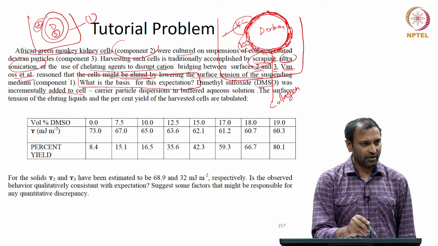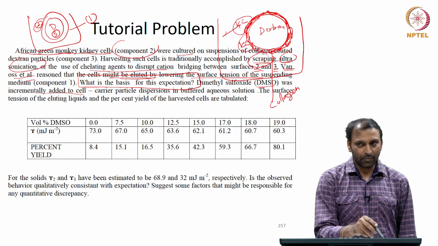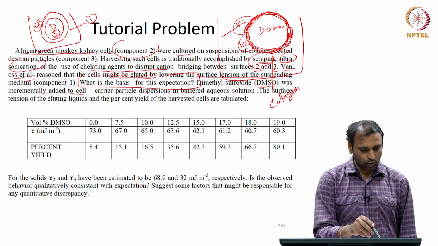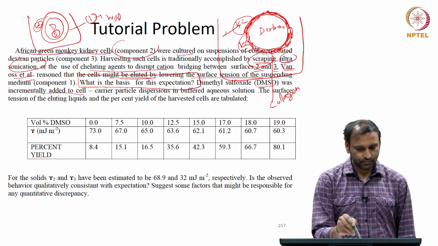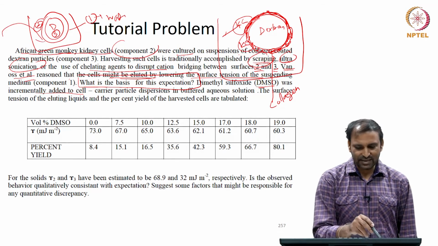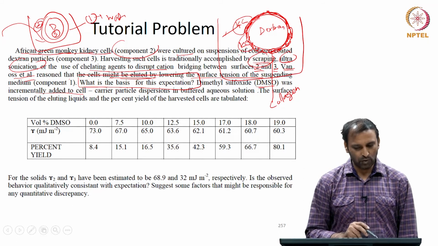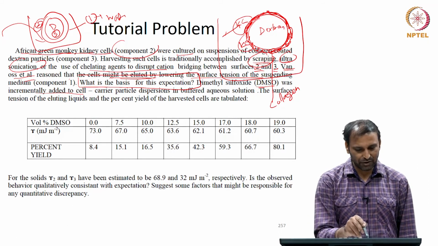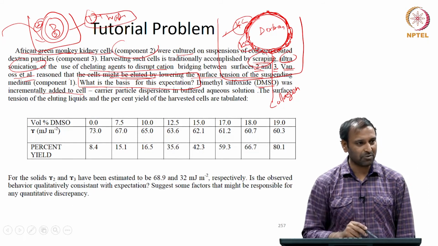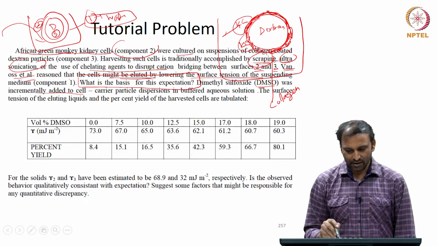I have a fluid in which I have component 2, which is attached onto particle 3, in a fluid medium 1. The fluid medium 1 is water, an aqueous buffer solution, and to that they systematically add DMSO.